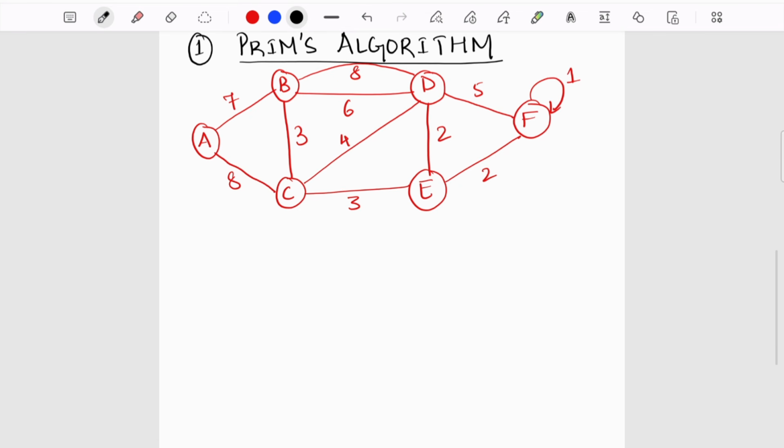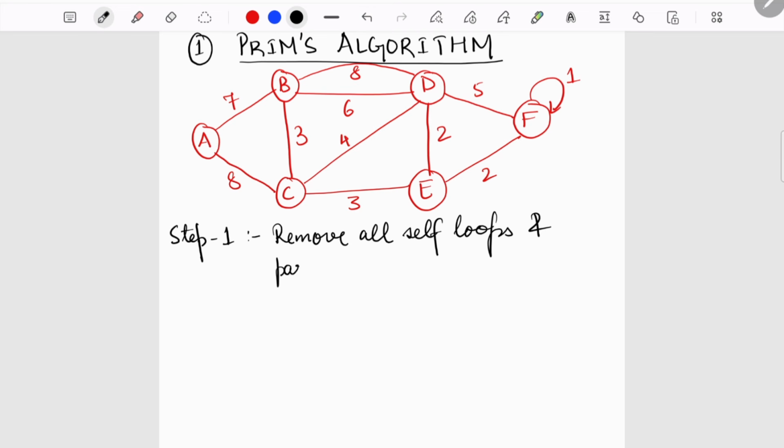So step 1 of Prim's algorithm says that we have to remove all self loops and parallel edges. Now first of all, let's see what are self loops and parallel edges. Can you see this particular edge?